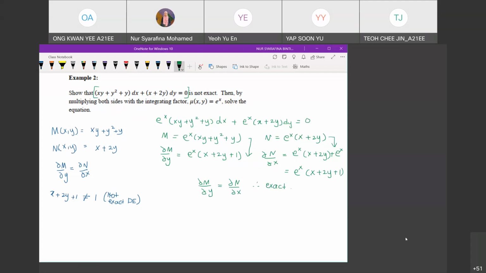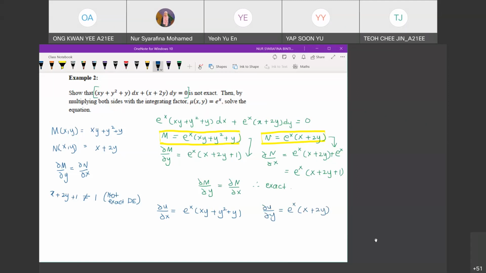How can we find the solution? Okay, so as you can see here, this is your M, right? And this is your N. So we can write M as del u del x equals e^x (xy + y^2 + y). And then another one is del u del y equals e^x (x + 2y).